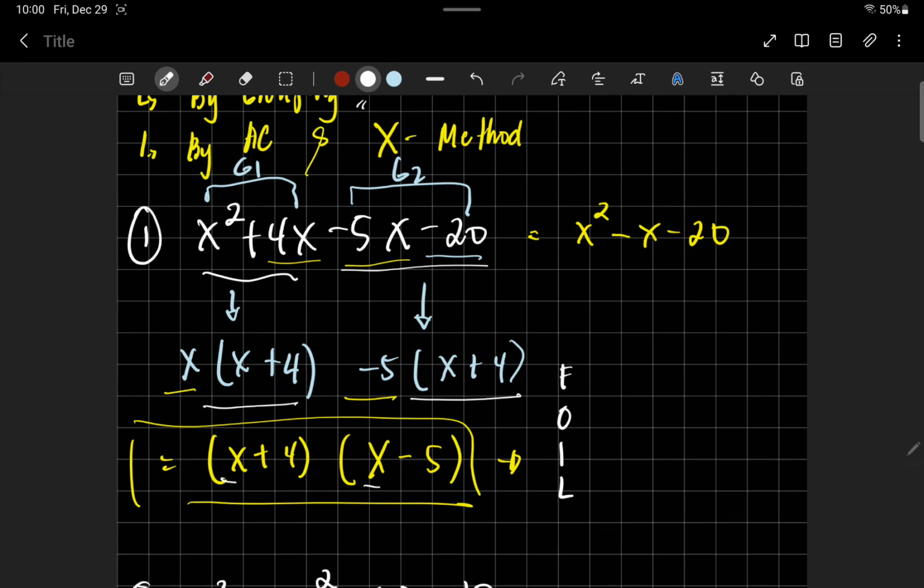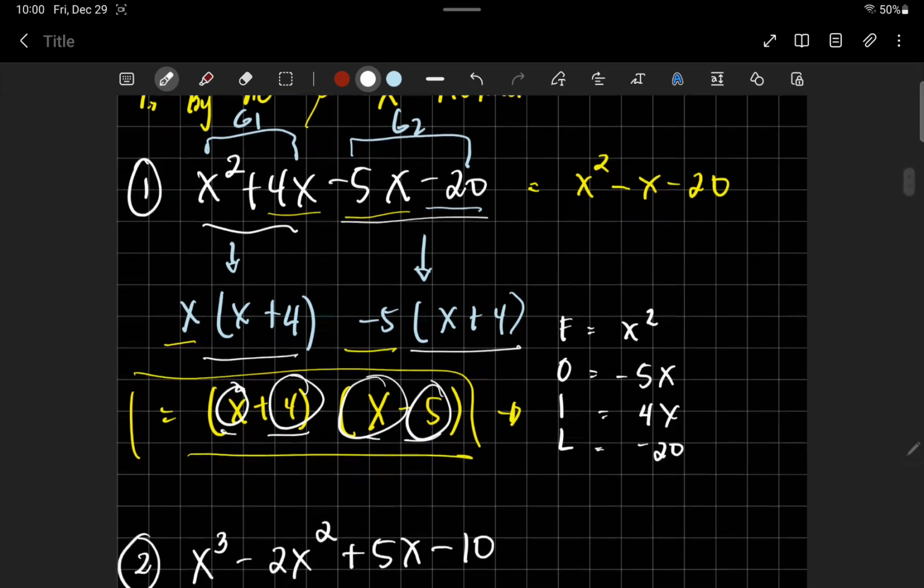X times x, that is x squared. The outer, yung pareho nasa dulo. X times negative 5, so that is negative 5x. Then, si inner, siya yung nasa gitna. 4 times x, that is 4x. And the last term, that is positive 4 times negative 5, that is negative 20.